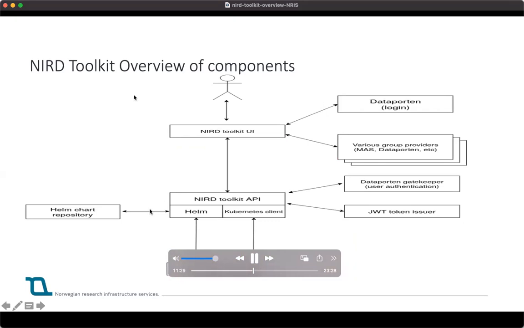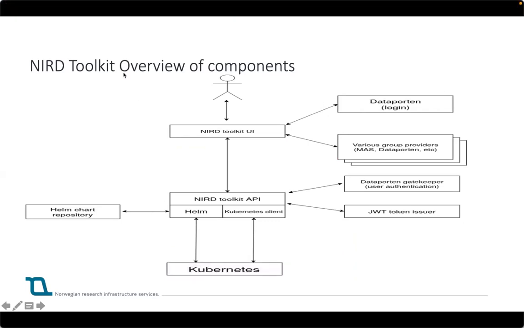And here we have a brief overview of how the components of the NIRD Toolkit talk to each other. The users will see the user interface of the NIRD Toolkit, and they will also be asked to log in via Dataporten.